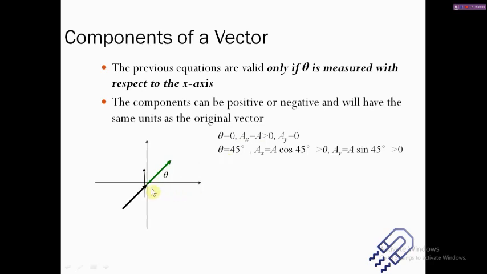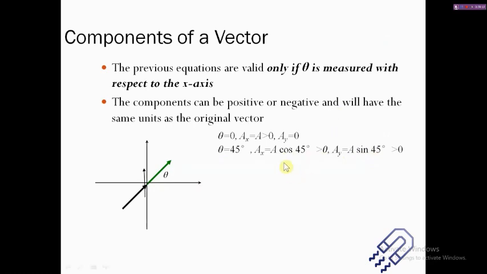So the effect along the x-axis would be nothing but A cos 45, which will be greater than 0, obviously, because cos 45 is 1 by root 2, and you can look at the trigonometry table there. And along AY also, it is nothing but A sine 45, correct? A cos 45 and A sine 45 are both the same, 1 by root 2.